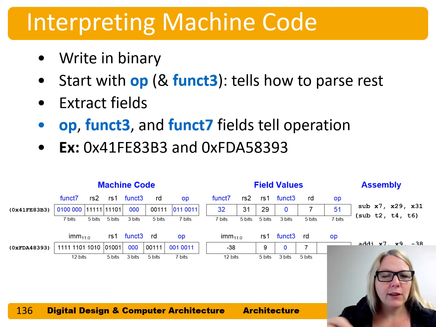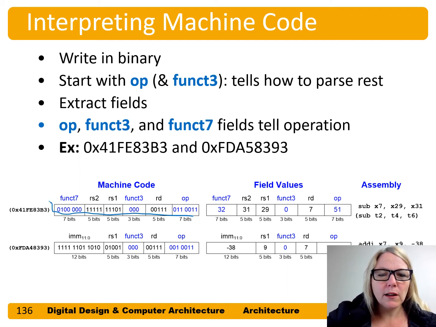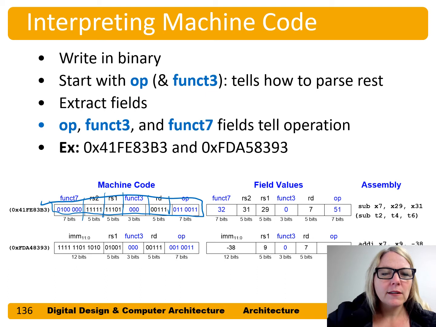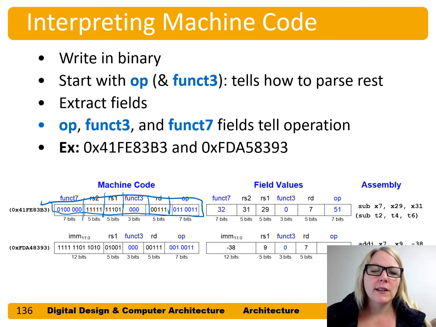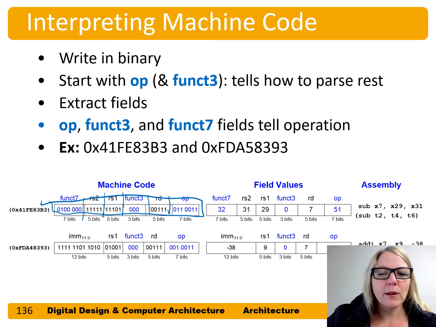So we know how to parse the rest of these fields. Now, for the first instruction, we know this is R-type, so we put all of the bits into those fields, our opcode, RD, func3, RS1, RS2, and write those from their binary to their decimal value. RS2, all ones, is 31.